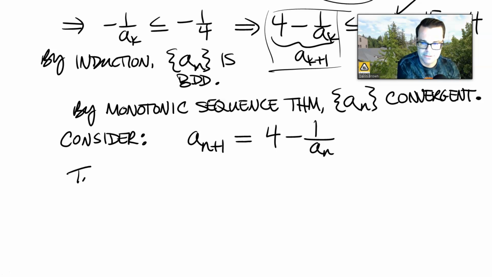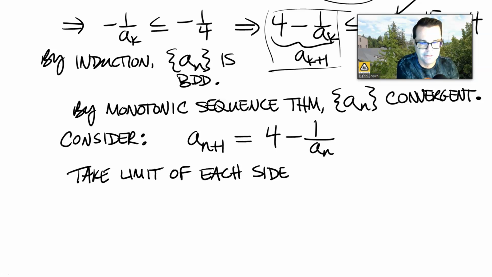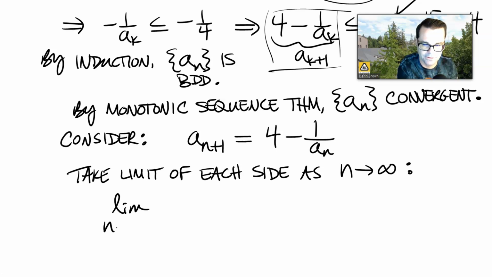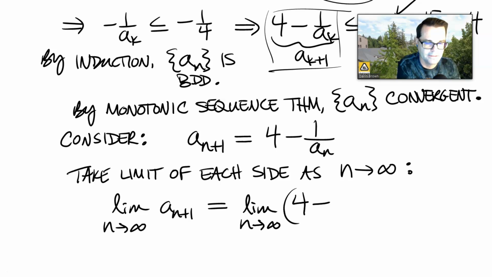Take the limit of each side as n goes to infinity. In other words, the limit as n goes to infinity of a sub n plus 1 has to equal the limit as n goes to infinity of 4 minus 1 over a sub n.